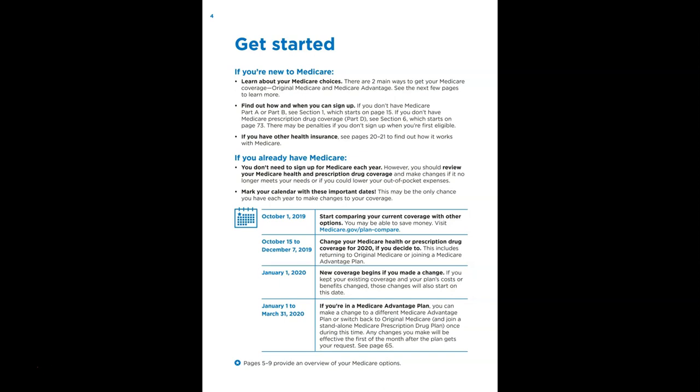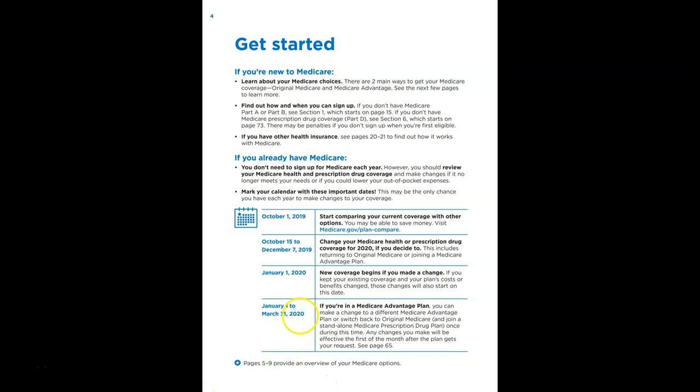October 15th is the first day of open enrollment where you can actually submit applications, and that door closes on December 7th of 2019. So you cannot make any elections after that date. Any plans selected during this time frame for open enrollment are effective starting January 1st, 2020.